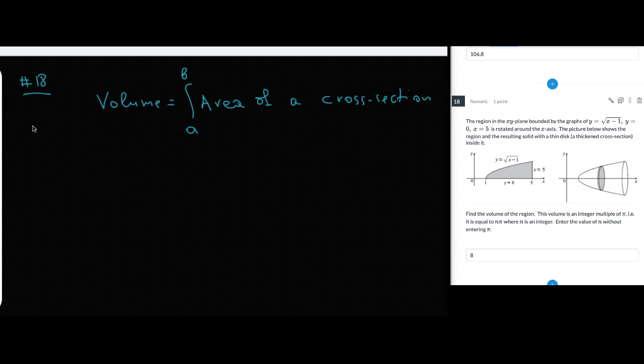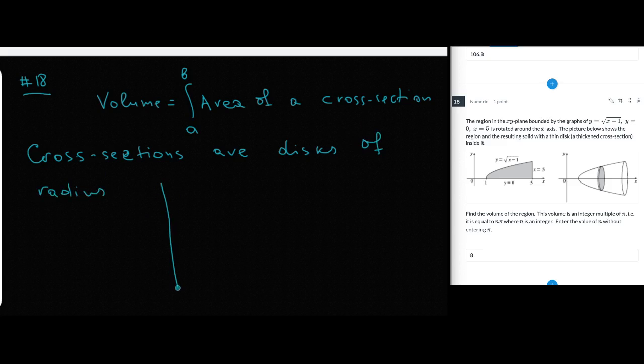This is our first observation, that all cross-sections are disks of radius. Let's think about the radius.